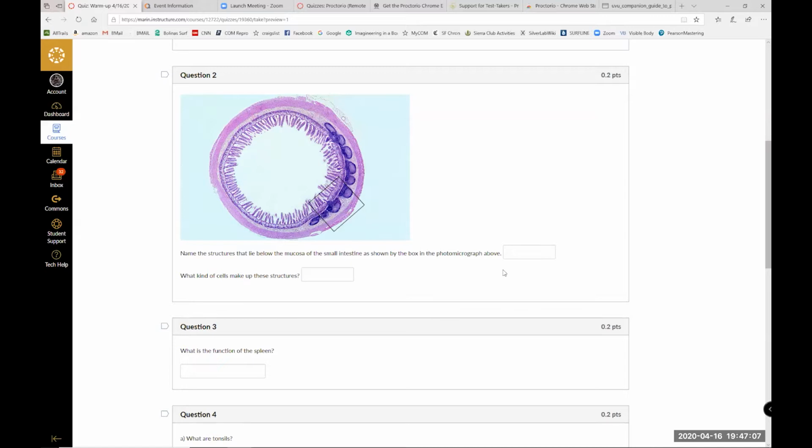Peyer's patches. There's a bunch of things you could have said there. You could have said Peyer's patches. You could have also said lymphoid nodules. You could have said lymphoid follicles, or aggregated lymphoid follicles, that would work great.